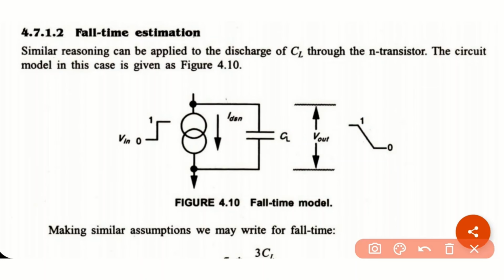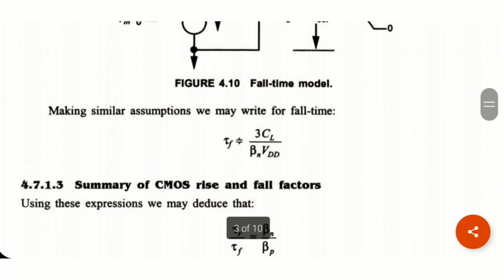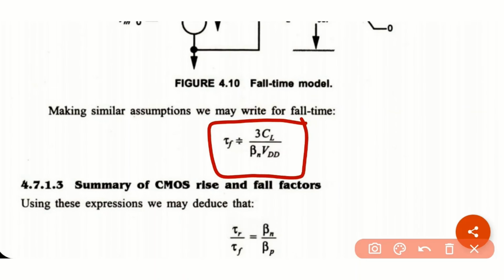When we discharge, we get tau f, where f means fall time. Once you do the calculations, you get this value: 3 CL divided by beta n into VDD.